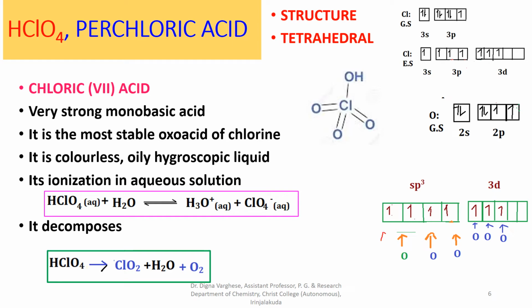One oxygen atom here can form only sigma bonds, here only sigma bonds, and here also sigma bonds. These 3 oxygen atoms can form pi bonds with d pi p pi bonds, and the structure is like this, that is a tetrahedral structure.